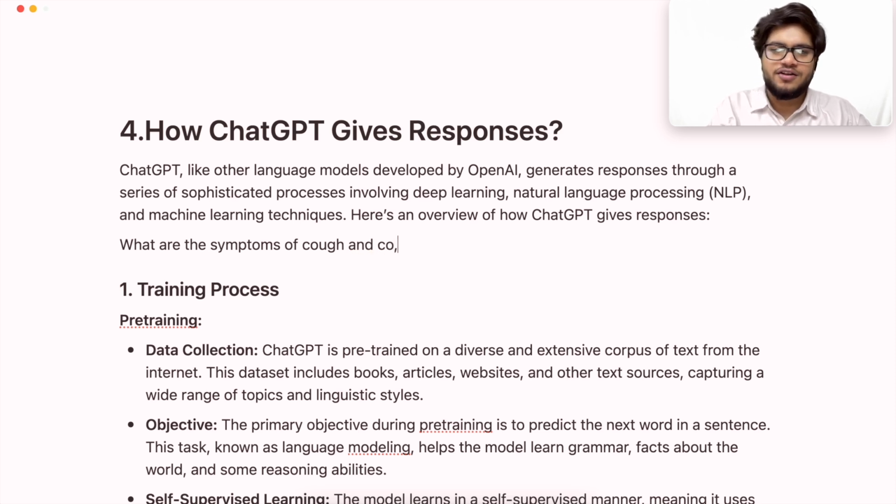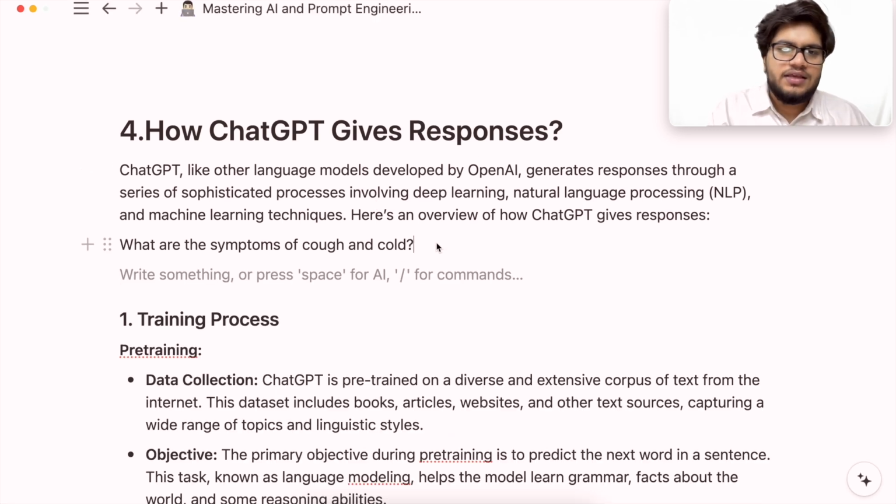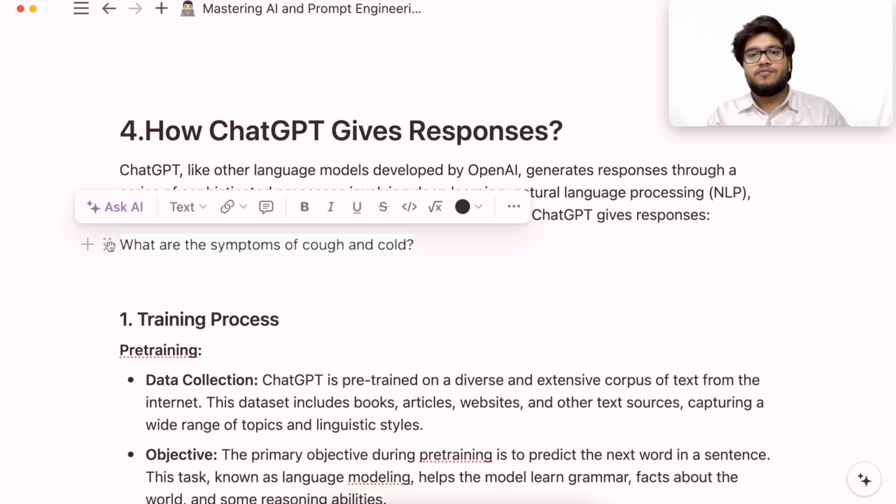We all know what the symptoms of this are. But what do I mean by prompt? Like we search something on Google, but we don't search on ChatGPT, we give a prompt to ChatGPT, because ChatGPT is not just a search engine. It could perform various tasks. So if we ask ChatGPT, what are the symptoms of cough and cold?